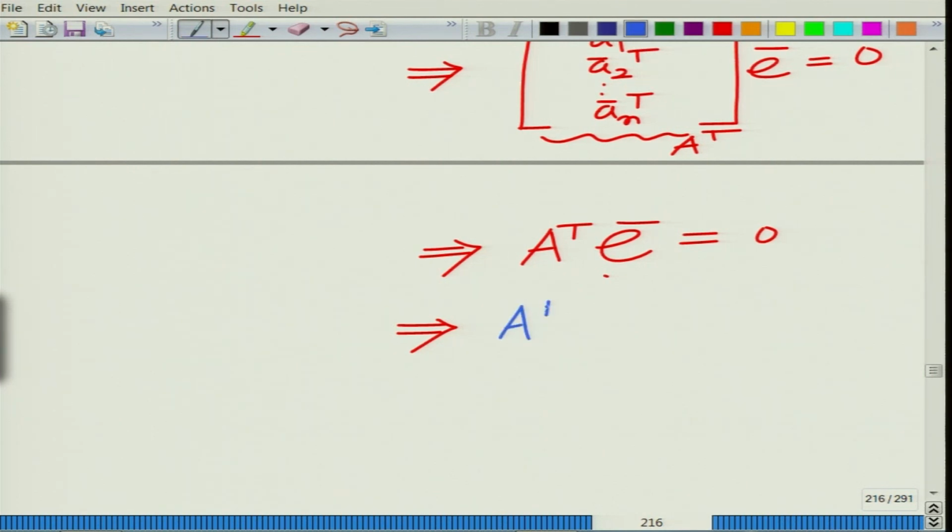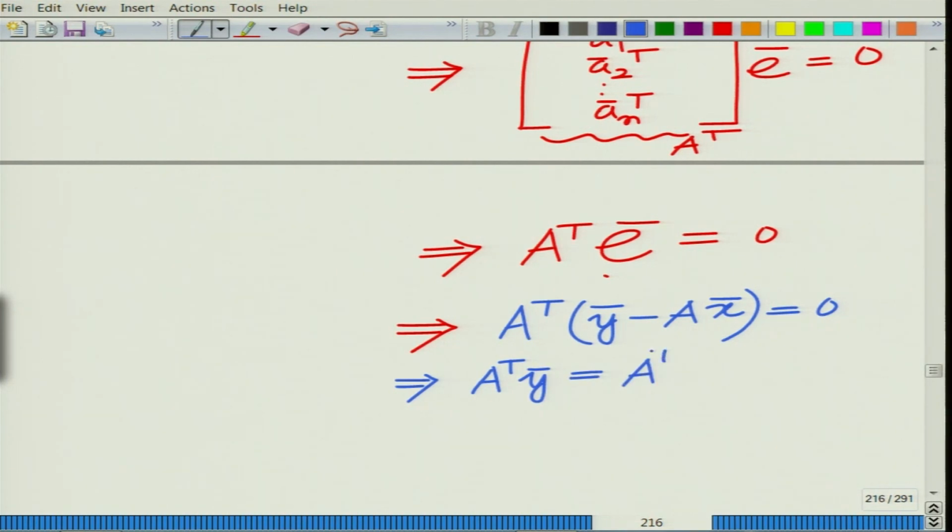So, interestingly this gives y bar minus Ax bar equal to 0. This implies A transpose y bar equals A transpose A x bar.